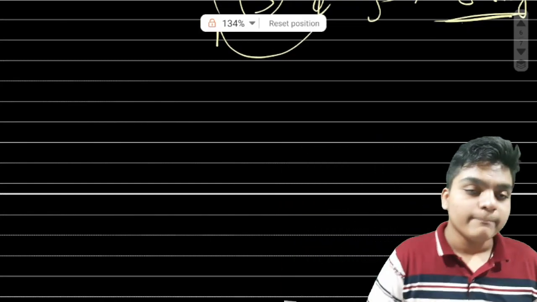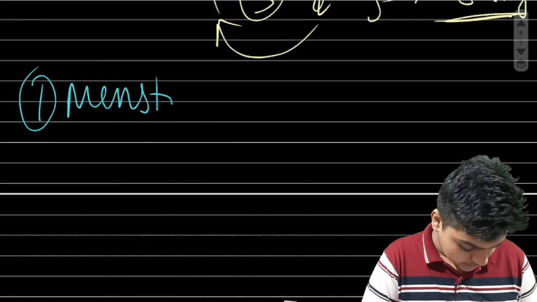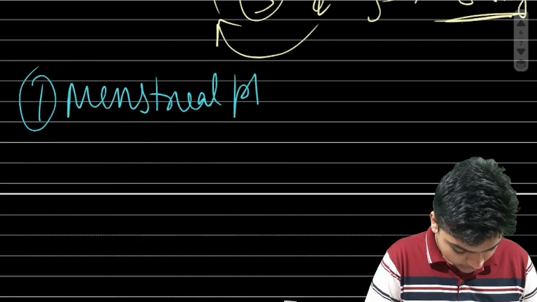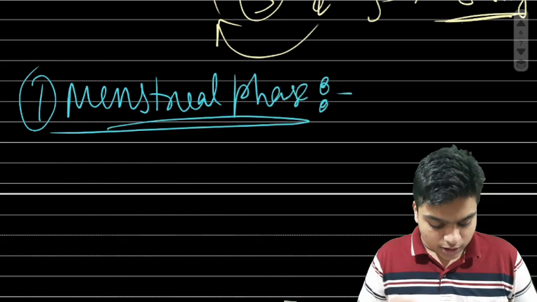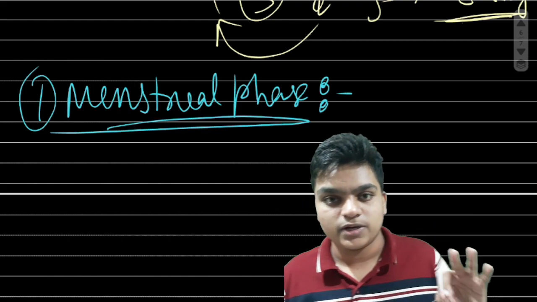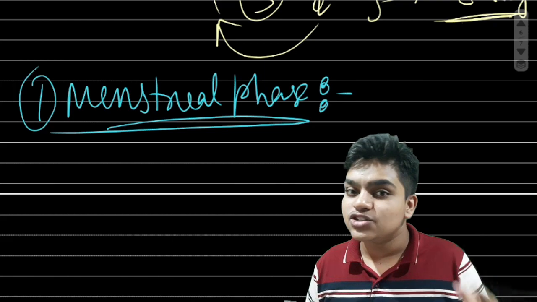28 days, starting with the menstrual phase. What happens during the menstrual phase? Here you have to remember two to three different events. The first event is the release of menses.